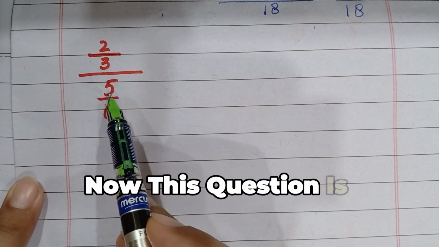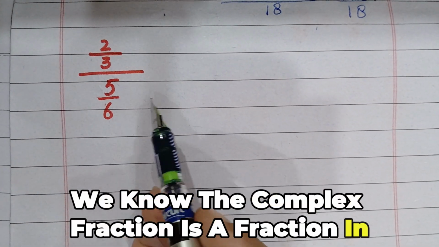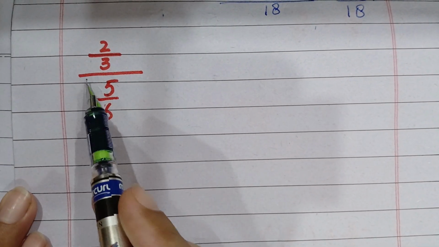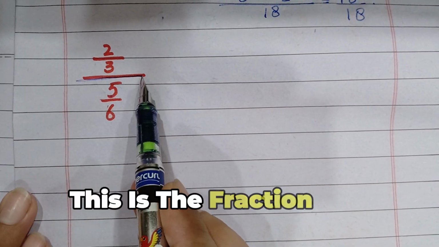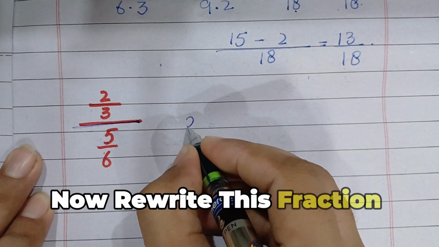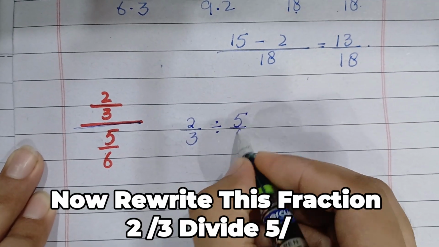Now this question is related to complex fractions. We know a complex fraction is a fraction in which the numerator and denominator contain fractions. We also know the fraction bar means divide. Now rewrite this fraction. 2/3 divided by 5/6.